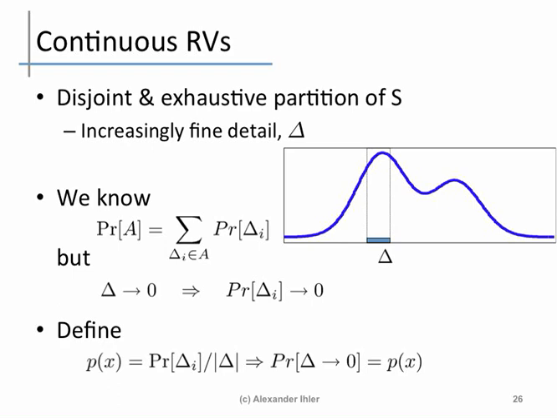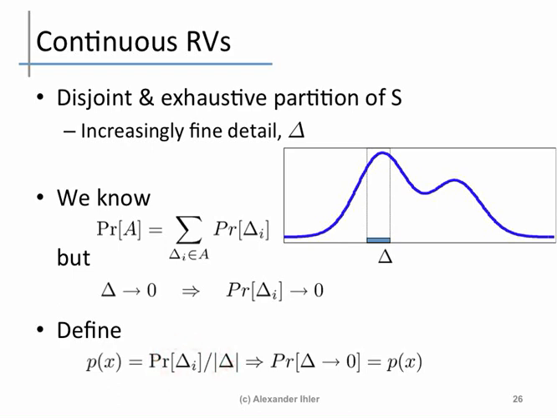So instead of computing something like the probability mass function, which would list out the probabilities of each outcome, we instead define a density function p of x. And this is just the ratio of the probability of falling in bin i of size delta divided by the size of delta. And as delta goes to 0, this ratio will not go to 0.